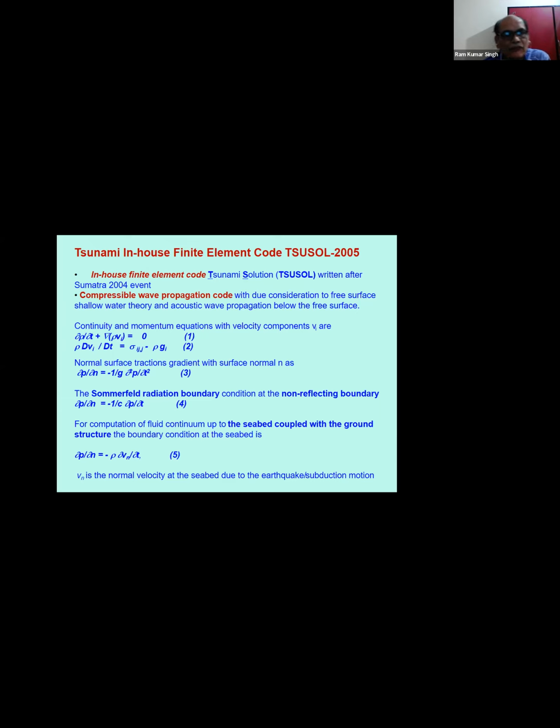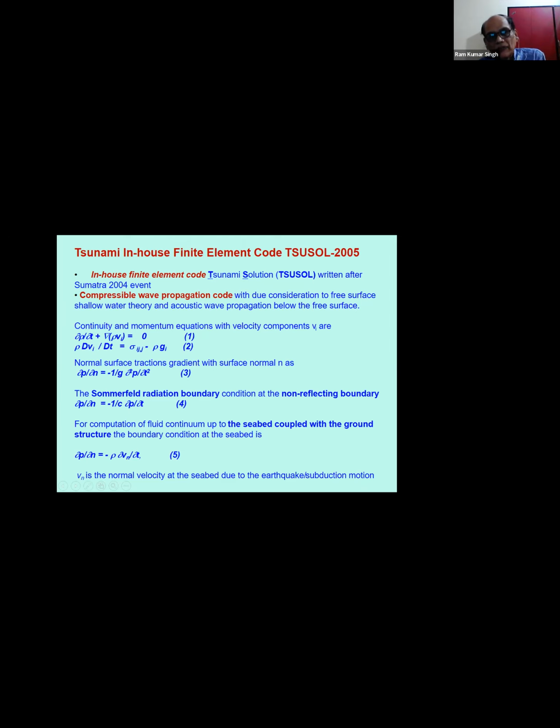I will just give some flavor of it. We basically have the continuity and momentum equations. Then we have the free surface boundary condition for transportation of the gravity wave. Then somewhere the boundaries have to be truncated, because as such this is a global tsunami.